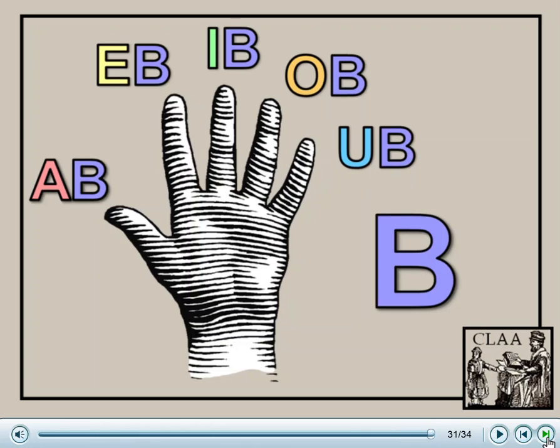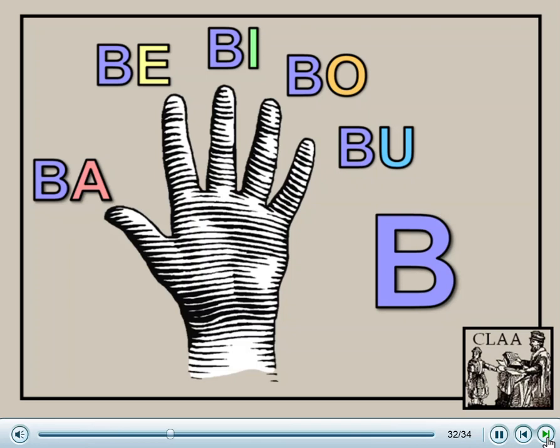You can also say ab, abe, ebe, ob, and oob. And lastly, you can say ba, be, bee, bo, and boo.